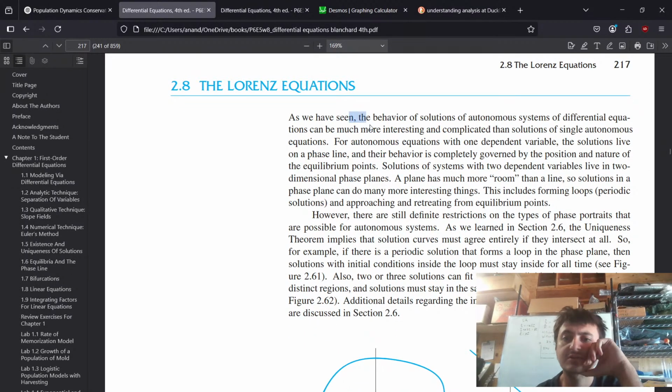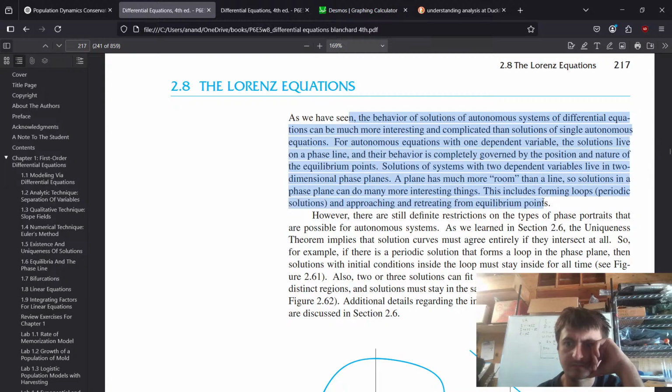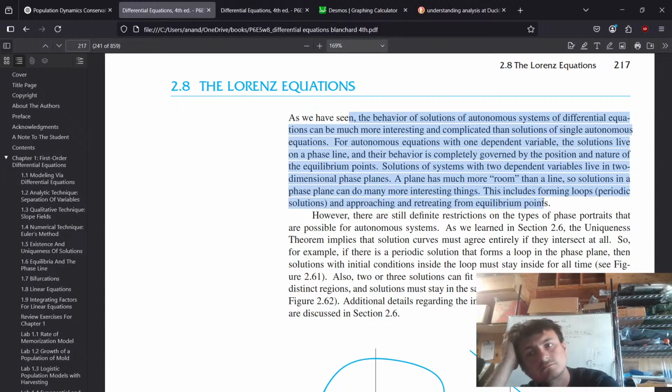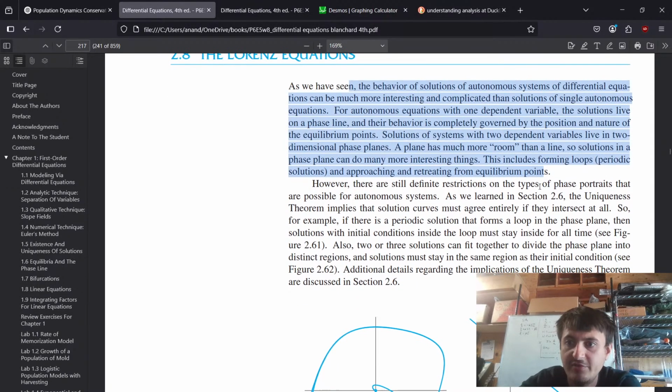We have seen the behavioral solution of autonomous system can be much more interesting and complicated than solutions single. A plane has much more room, so solutions can do many more interesting things, like periodic solutions. There's still definite restrictions on the type of phase portraits that are possible for autonomous systems.